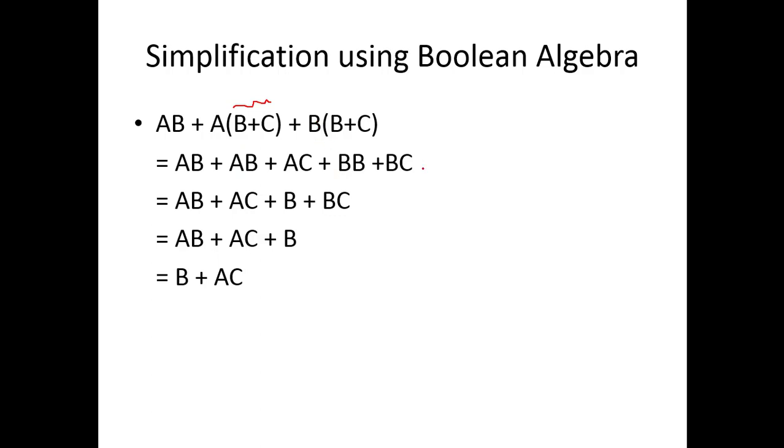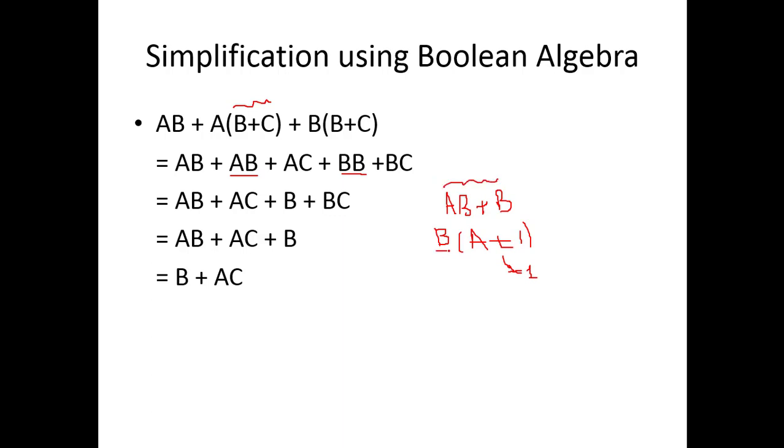Now we take b as common from these two terms, so you have ab plus bb, and if we take b common it produces a plus 1, and as we know that a plus 1 is always equal to 1, so this whole term reduces to b, so we place b over here.